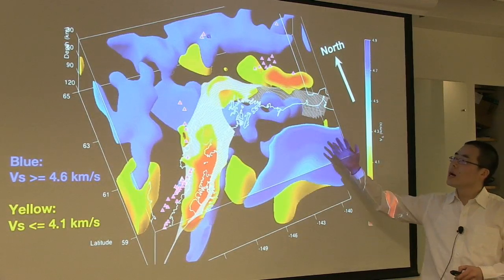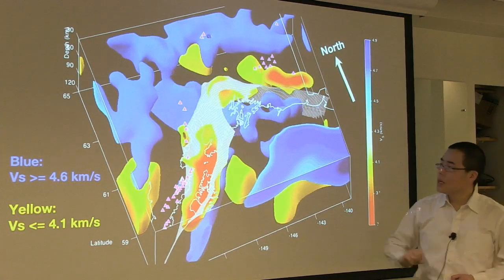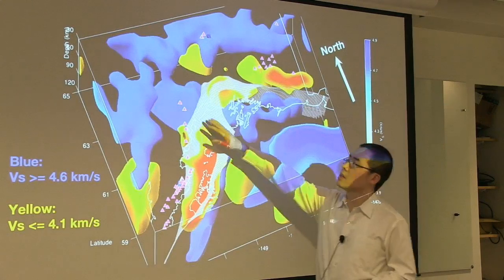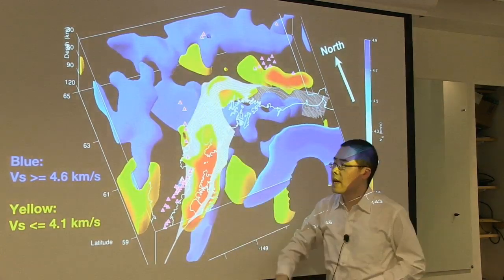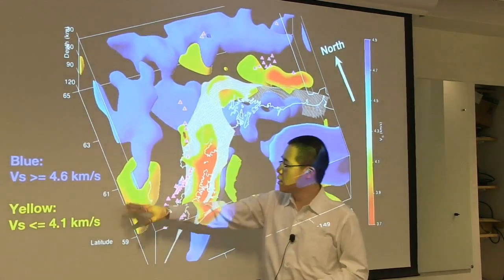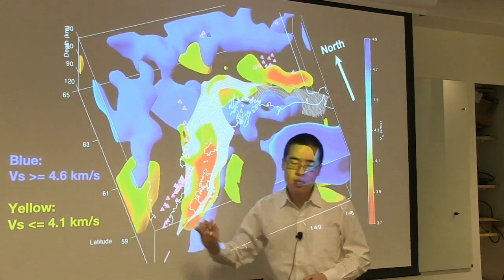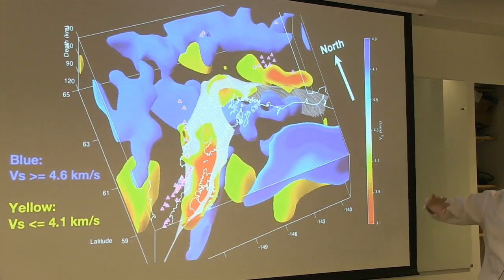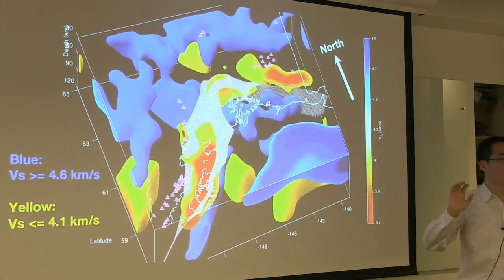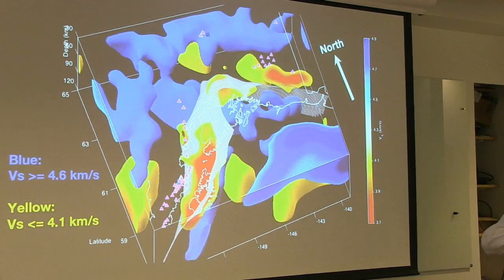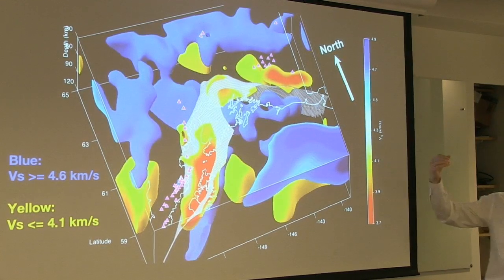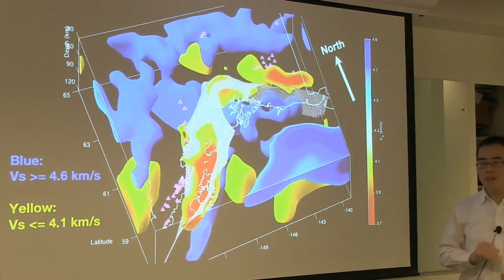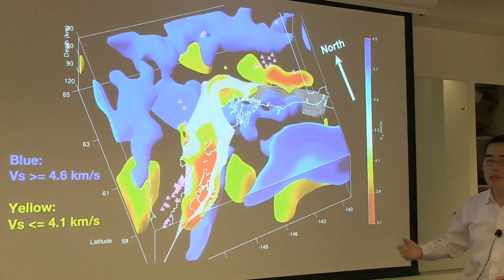I use those to highlight the high velocity features, including subducting slabs here, and high velocity beneath the Denali volcanic gap. The yellow and red patches are velocities lower than 4.1 kilometers per second. I use these to show the low velocity features that we have seen that are spatially correlated with the distribution of volcanoes.